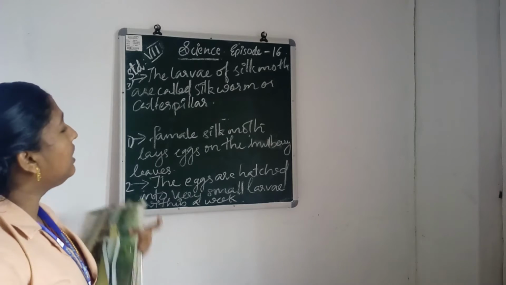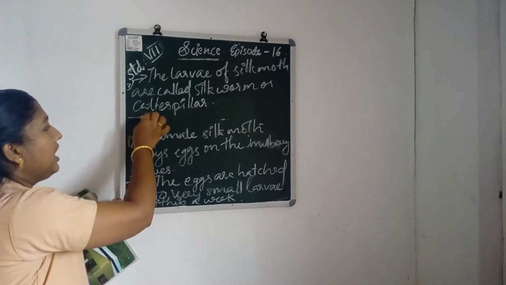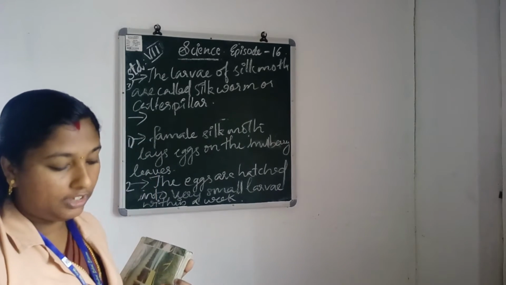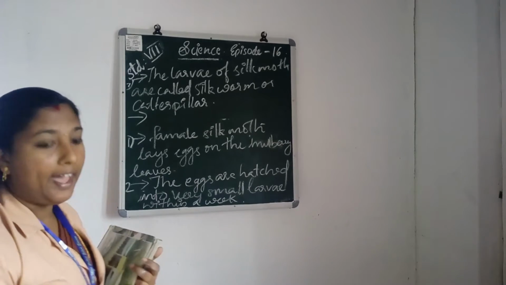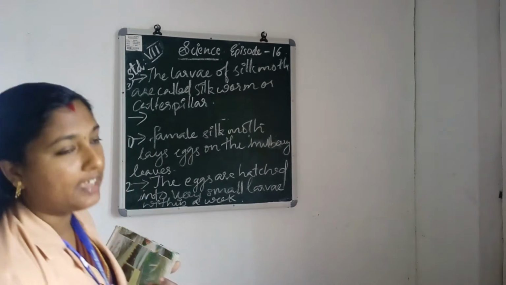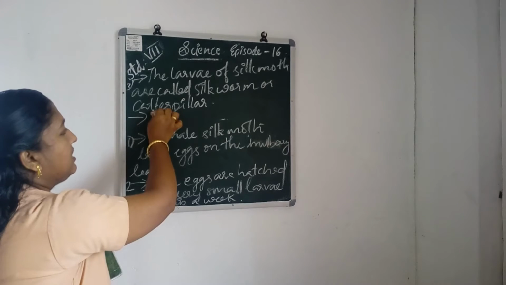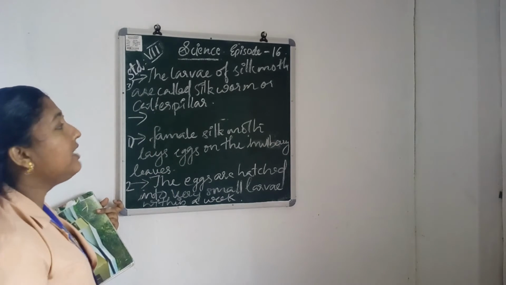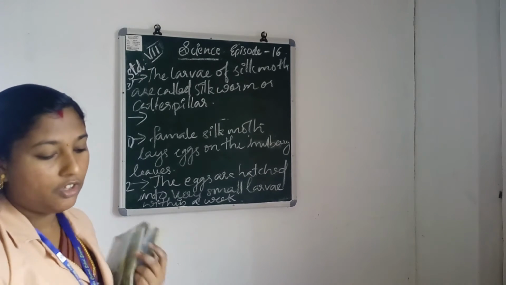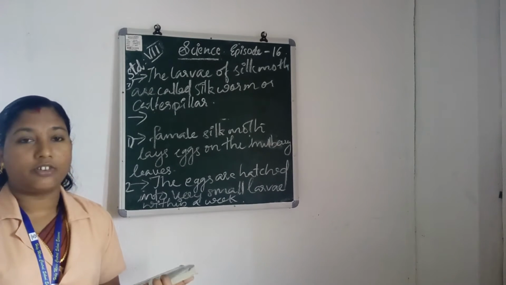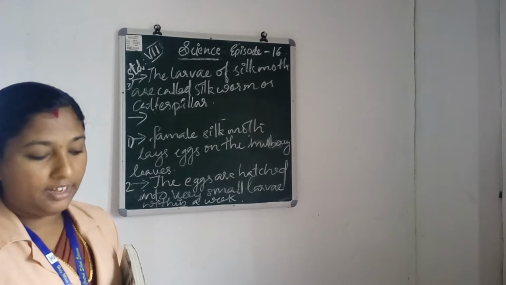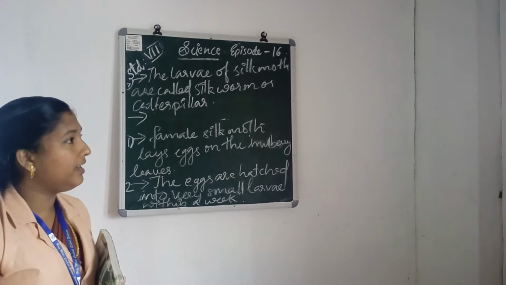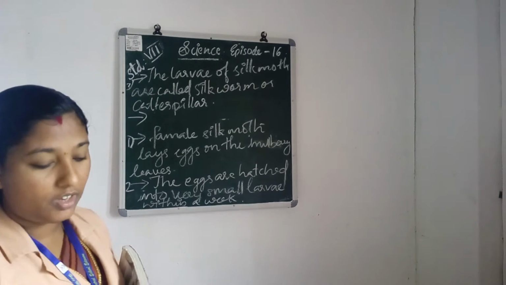Then the silkworms feed on the leaves of the mulberry tree and grow bigger in size. When the silkworm is ready to enter the next stage of its development, it is called a pupa.